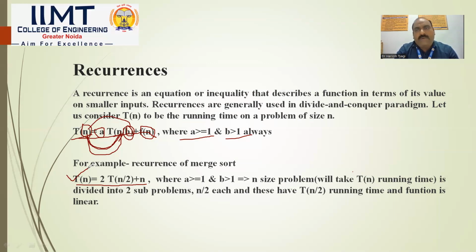Again, 4 items are divided into 2 and 2, and again 2 and 2 are divided into 1 and 1. Then you can apply the merge, recursively calling, and finalize the 8 elements in sorted order. This is the recurrence of merge sort.